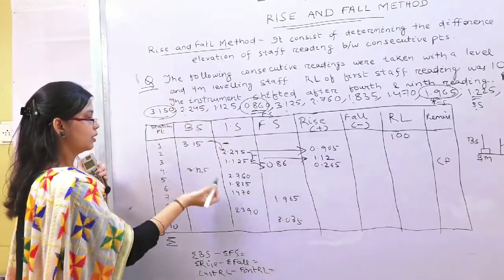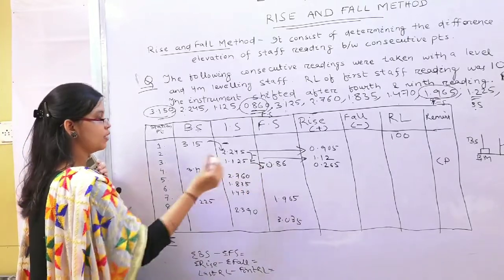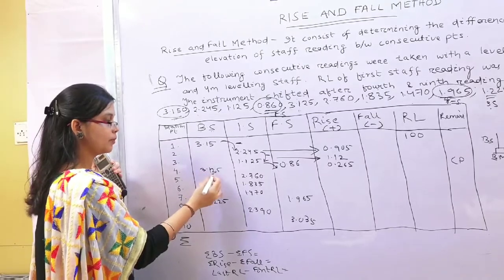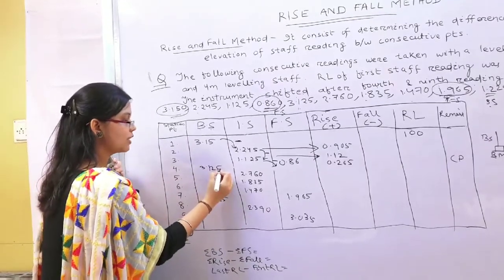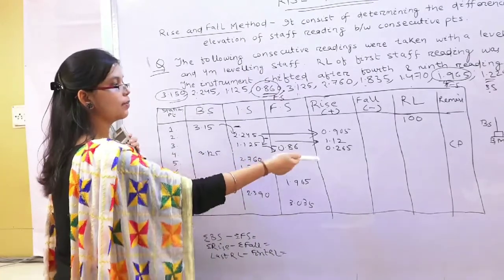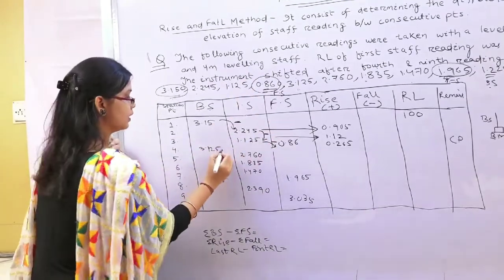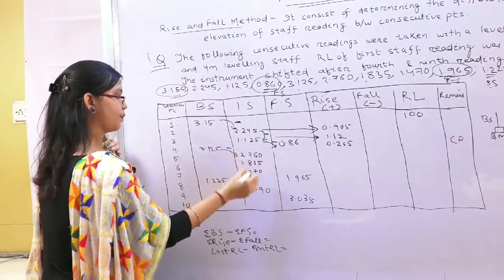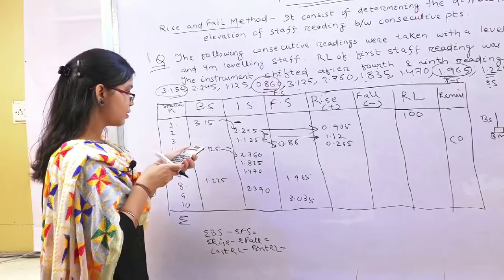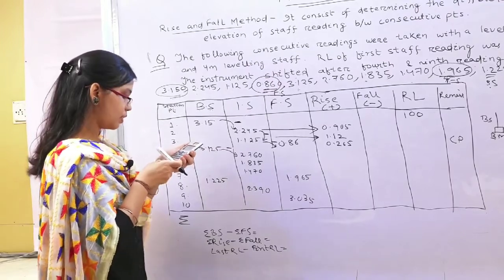Similarly, next after the fourth side, we get the back side reading. So this back side reading minus this intermediate side reading will get the value of rise or fall. This minus this. 3.125 minus 2.76.